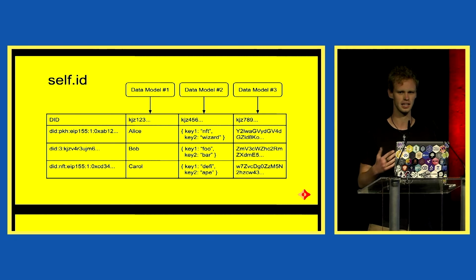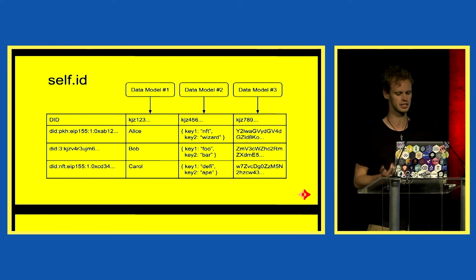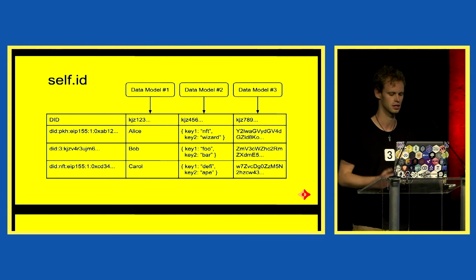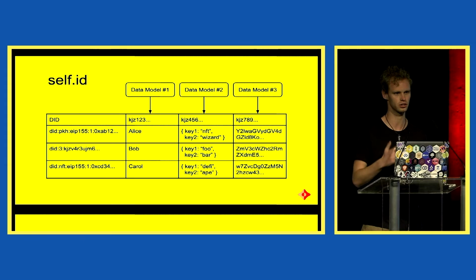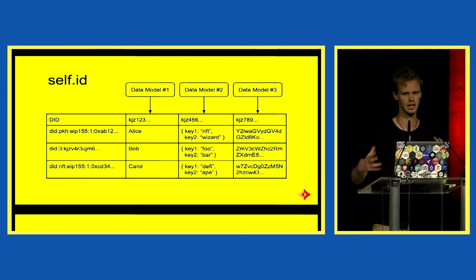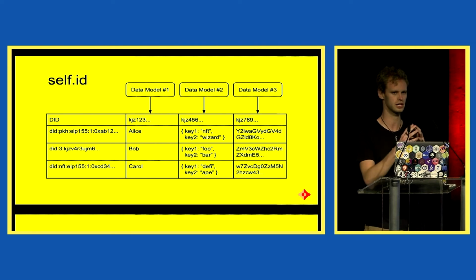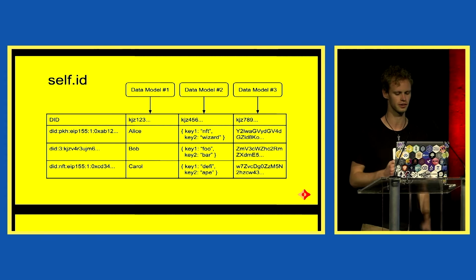It's an agnostic way of representing a cryptographic identifier. That could be, as you see on the top, an Ethereum address, the PKH, or any blockchain address. Or you can have an NFT where the current owner is the one that's allowed to update data. We've also created a DID method called 3ID, which allows you to take your accounts on different blockchains and layer 2s and pull those into one unified identifier.